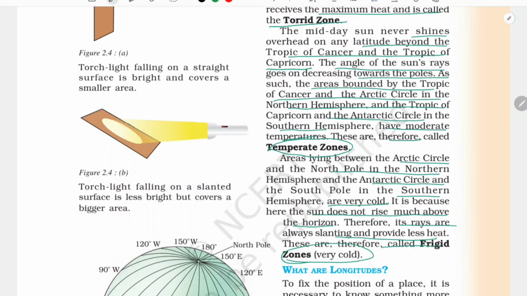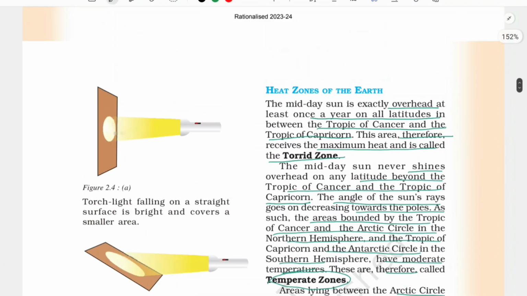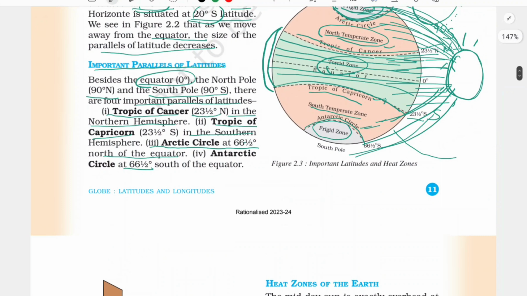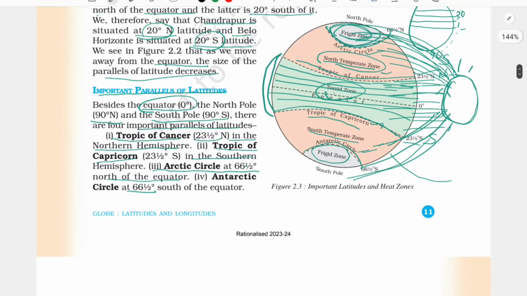In the middle part it is very hot, so that is known as the torrid zone, and in the upper part is the temperate zone. From the Arctic Circle to the north temperate zone and the south temperate zone to the Antarctic Circle, the sun rays are decreased, so that is why these are temperate zones, and here you will find the weather is not as harsh as at the equator.